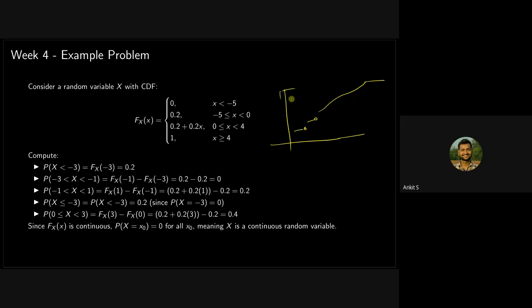So it is a mixture CDF. It is not a continuous CDF or a discrete CDF. Okay, it can happen. So the way in which you calculate the probability in a continuous CDF and a discrete CDF is the same. You just subtract the values at both the points. Since F_X is continuous, all of this is a simple example calculated for this CDF. I hope all of you have done this exercise in your problems.